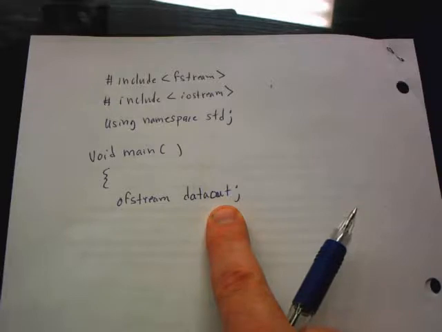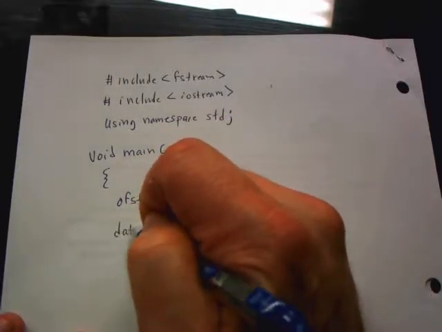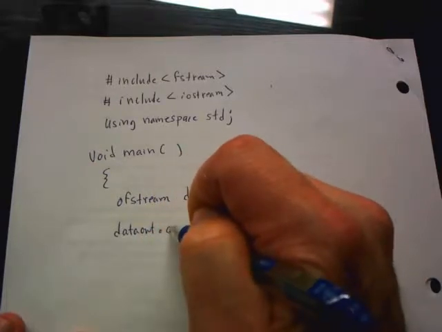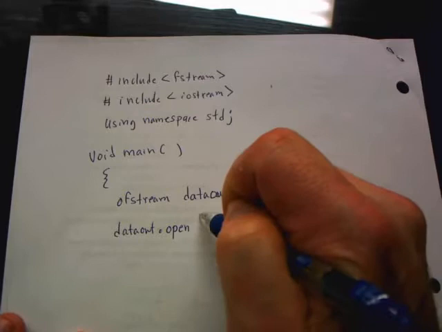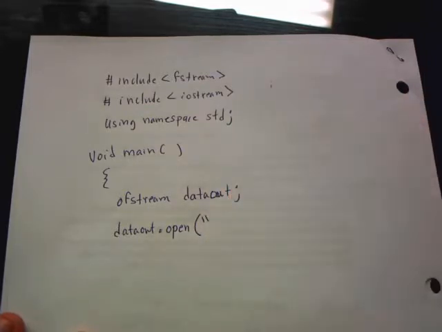And so the notation for that is data_out dot open, parenthesis, quote, and then you give it the file name. So what file do we want to save it to?